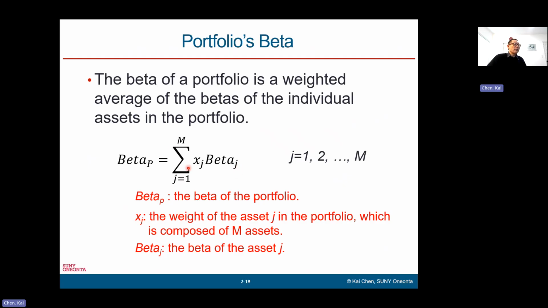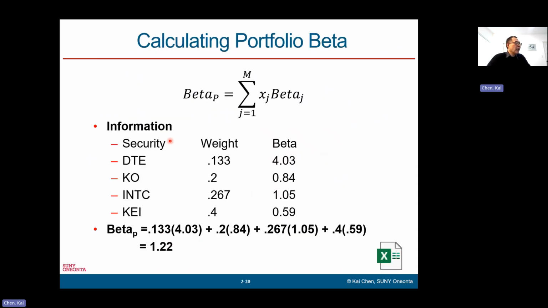And then we sum them up. This is a summation notation. We sum them up from J equals 1 until J equals M. In the portfolio, we have M assets, right? So that is how to calculate the portfolio's beta.